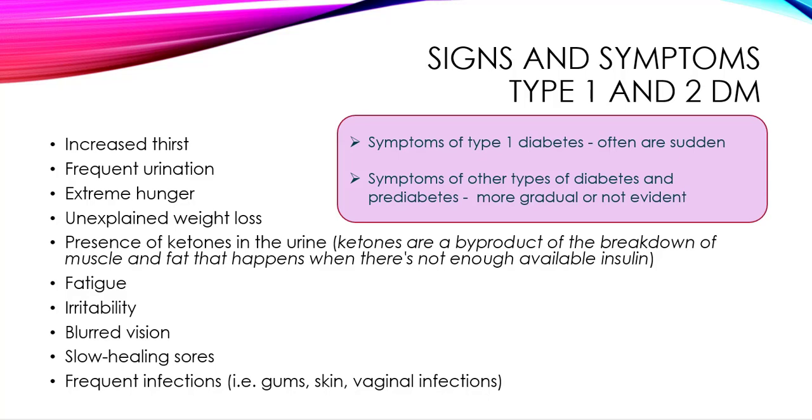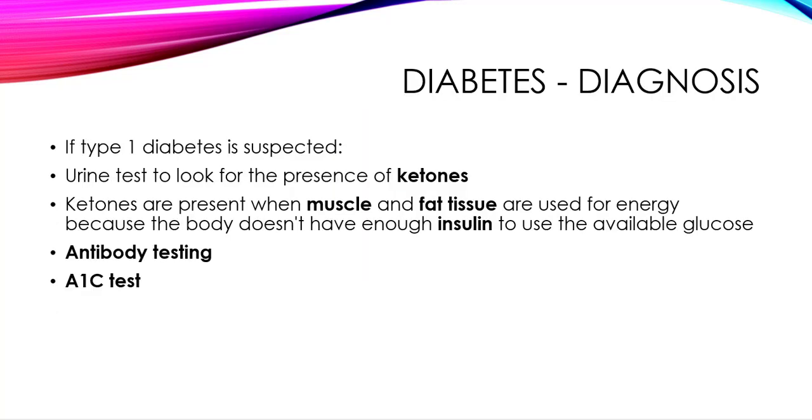Again, a reminder that these are all things that you are going to need to know how to interpret, especially because these are signs and symptoms that somebody who is told they have diabetes will need to watch out for. Okay, so we did say that diabetes is a lot of times asymptomatic, which means there aren't any signs or symptoms that a person has diabetes until there is damage.